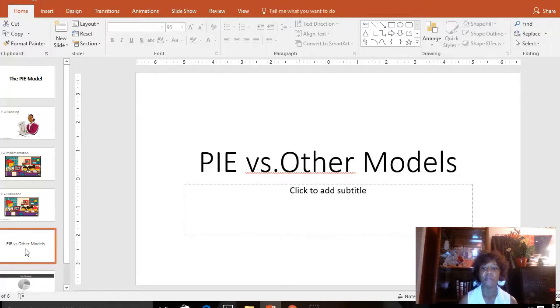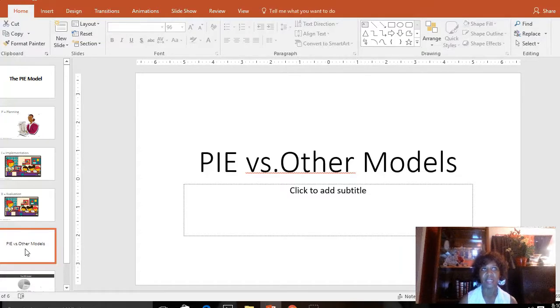And then another model to compare the PI model with is the Assure model. Granted, the Assure model is more well adapted, and it's more popular with the schools and with the colleges and universities. However, it's a lengthy process too. So it is linear in nature, and it consists of 6 different steps. And those steps, of course, involve the 6 different acronyms of Assure. And you have to break that down, and that's a lengthy process too.